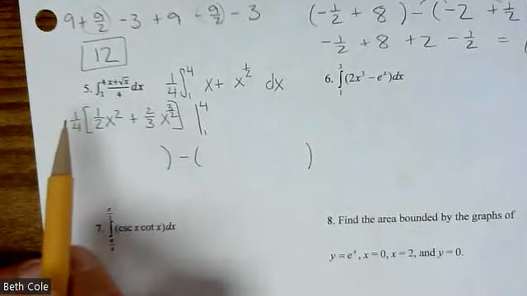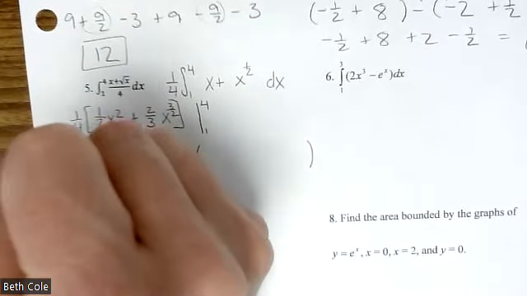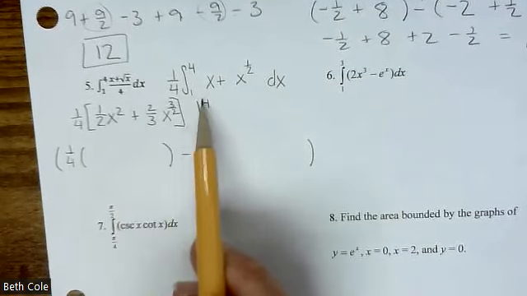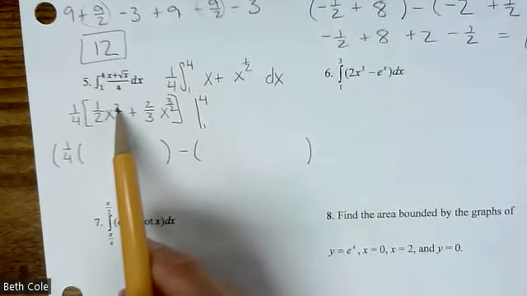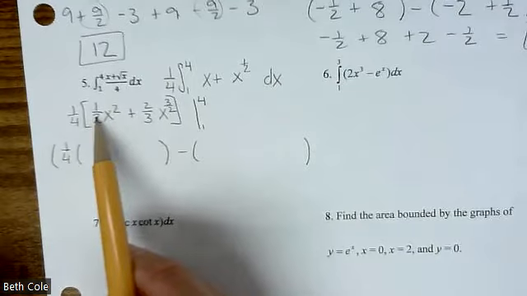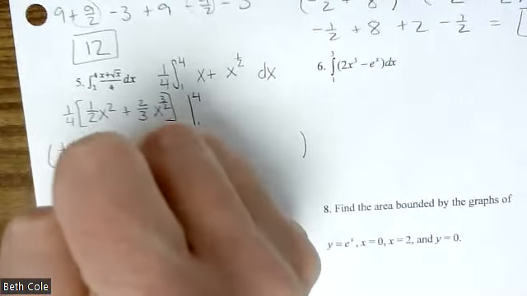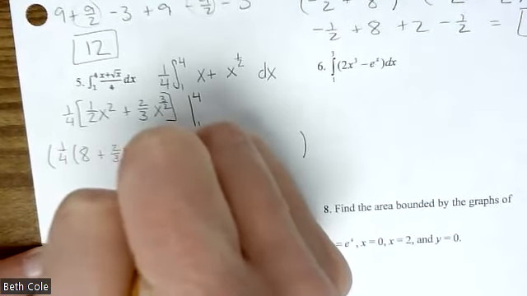So for this one, you'd have 1/4 times, let's see, 4 squared is 16. Half of that is 8 plus 2/3 times 4 to the 3/2.